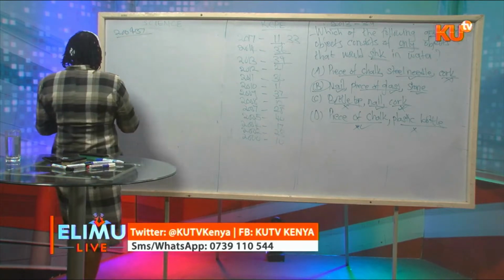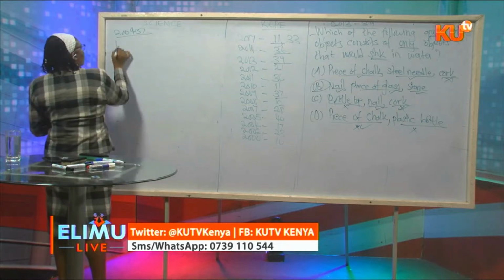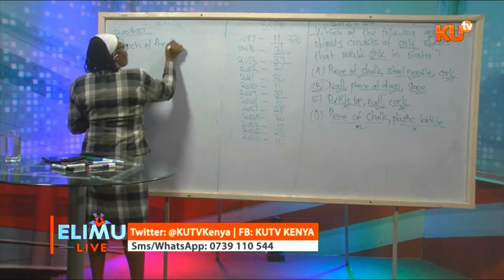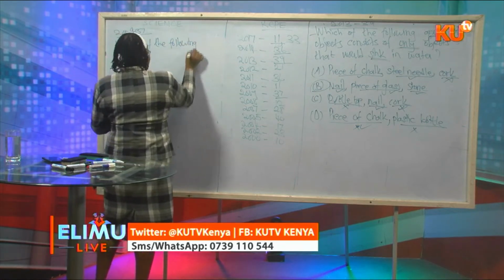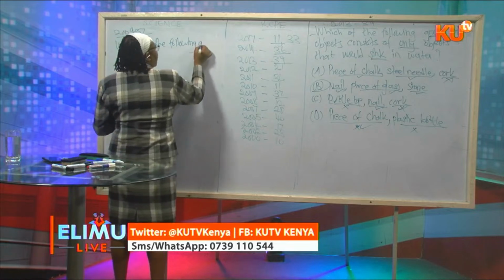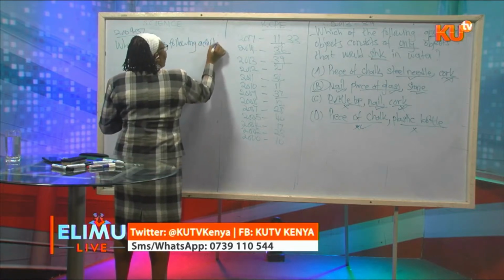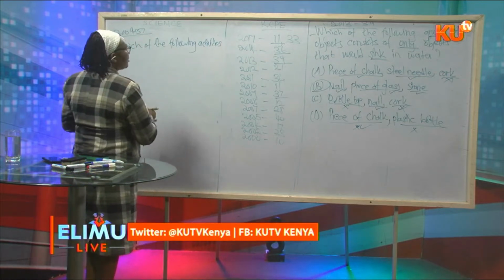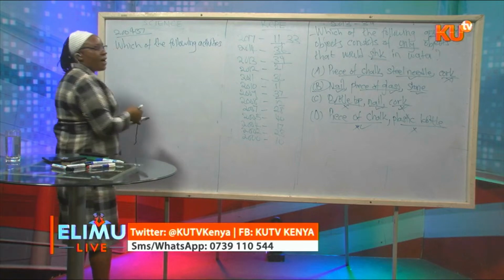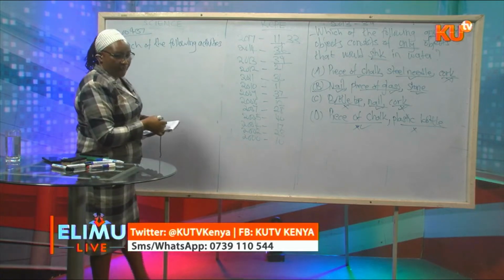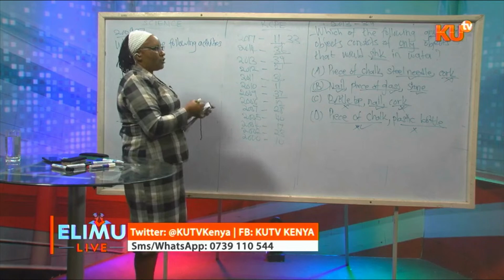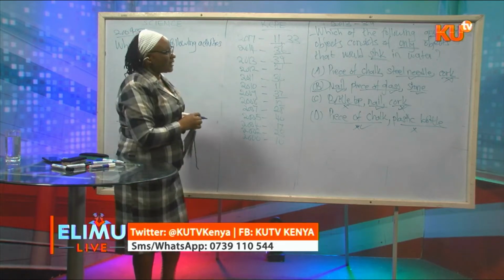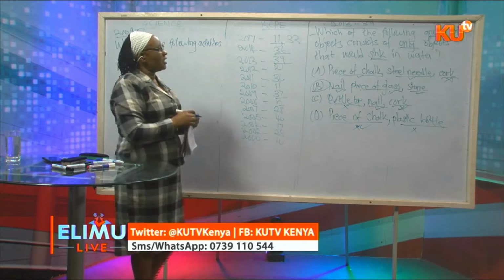The question reads, which of the following activities. I would like you to note that in all the questions on floating and sinking, we have activities being carried out because the subtopic of the topic floating and sinking was investigating factors that affect floating and sinking.